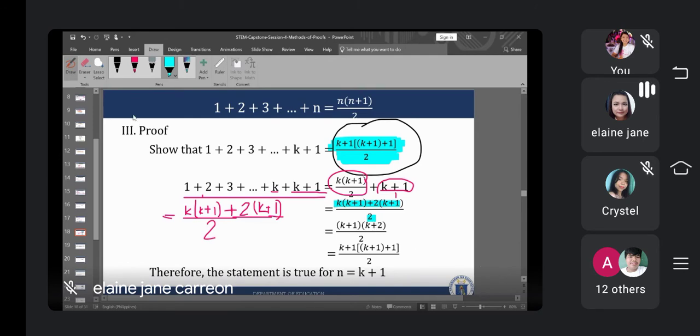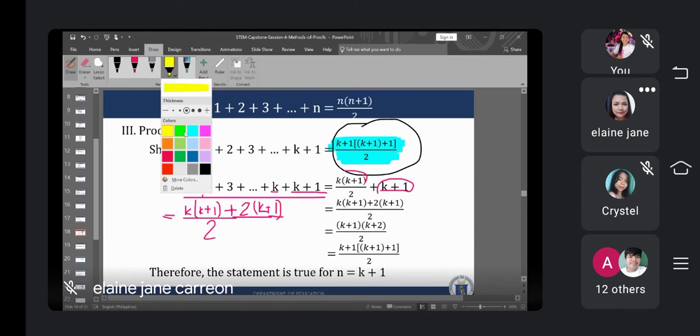Next. So, anong ginawa dito? Remember, common monomial factor. So, common monomial factor natin dito ay k plus 1 and k plus 1. We factored out k plus 1. So, I hope you understand that. Ang galing ko yung mga kulay. Okay. So, our common monomial factor here is k plus 1.